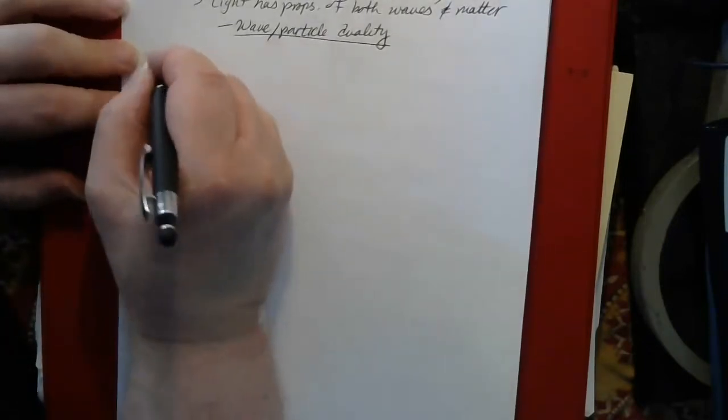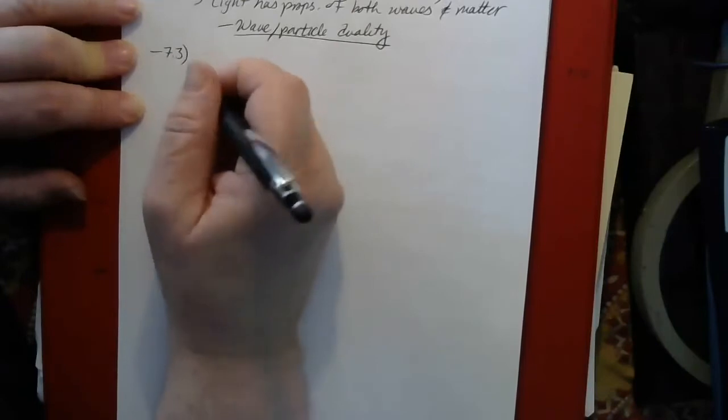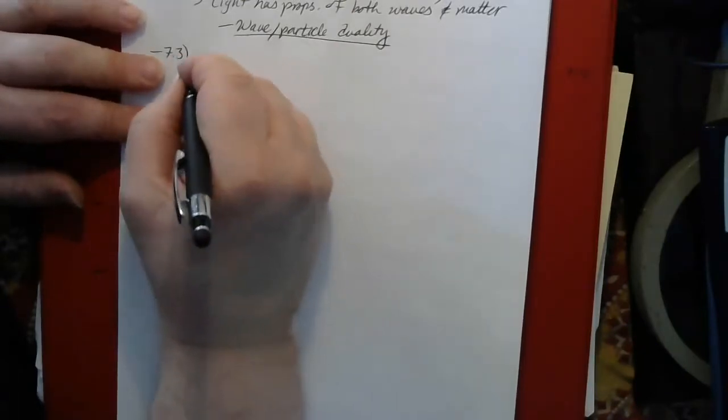All right, so this brings us to section 7.3, atomic spectroscopy and the Bohr model.